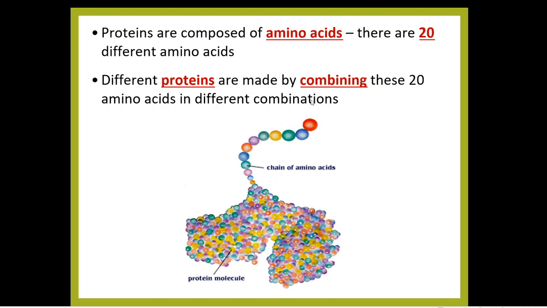Those are our monomers, and there are 20 different ones, and different combinations can do different things. So different proteins are made by combining those 20 different ones in so many different combinations. We're talking millions of different combinations to make all the different things we need: eye color, hair, blood, muscles, heart, organs. They can be combined to create those.